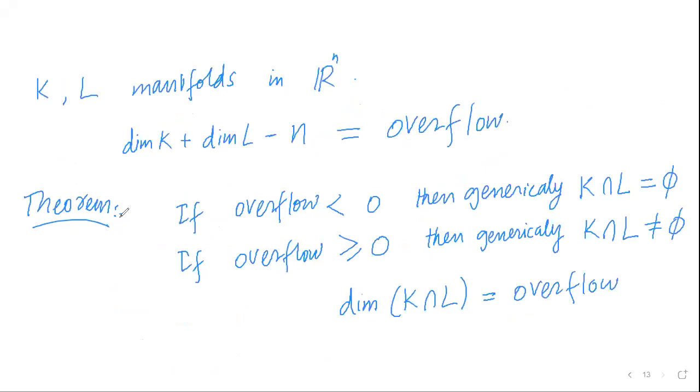So this is a theorem which tells you, when you are looking at two manifolds inside an n-dimensional space, whether generically they intersect or not, and if they intersect, what the dimension of the intersection is. Can there be two planes intersecting in two dimensions? R2 itself is a plane, so all the planes inside it will be the same plane.